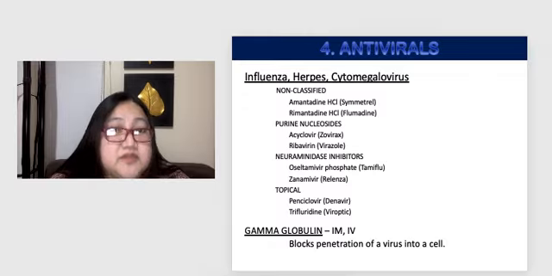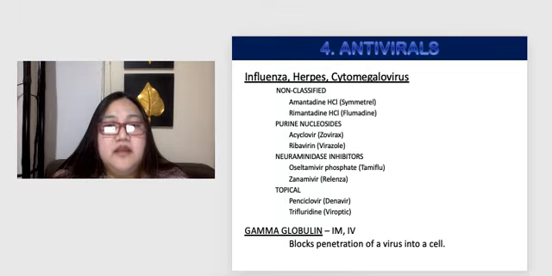Neuraminidase inhibitor o oseltamivir or Tamiflu, tsaka zanamivir. Ang mga gamot na to magaling sa influenza virus, sa mga ubo, sipon. Actually, sa sipon, no, it's very good to take these drugs, oseltamivir or Tamiflu, within 48 hours after symptoms started.